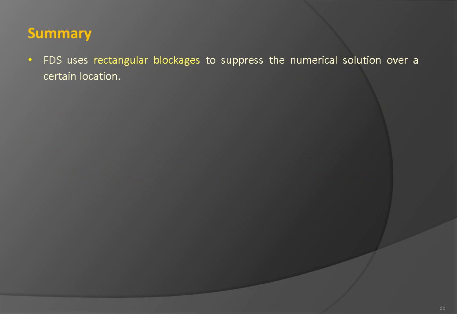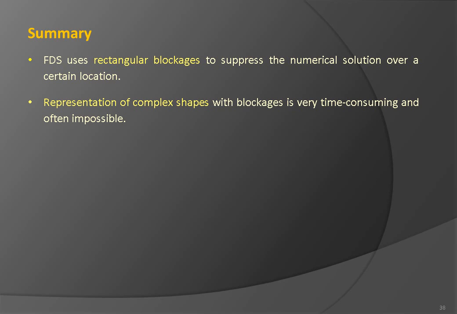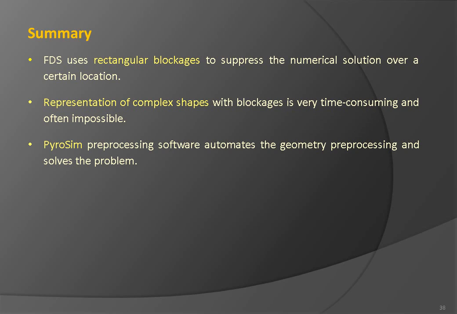As the rectangular structured mesh cannot describe an arbitrary shape of the simulation domain, FDS uses rectangular blockages to suppress the numerical solution over a certain location. A representation of complex shape with blockages is very time-consuming and often impossible. Pre-processing software PyroSim from Thunderhead Engineering to a great extent automates the geometry pre-processing and solves the problem.